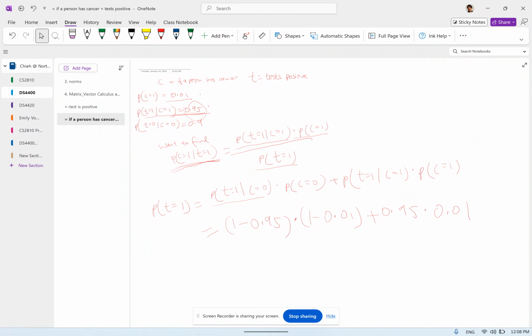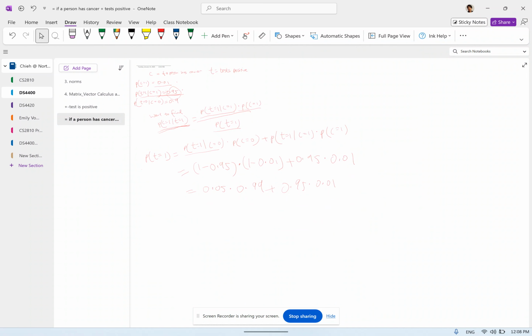Cool. And this should just be 0.05 times 0.99 plus 0.95 times 0.01. So this gives us the probability that T equals 1.